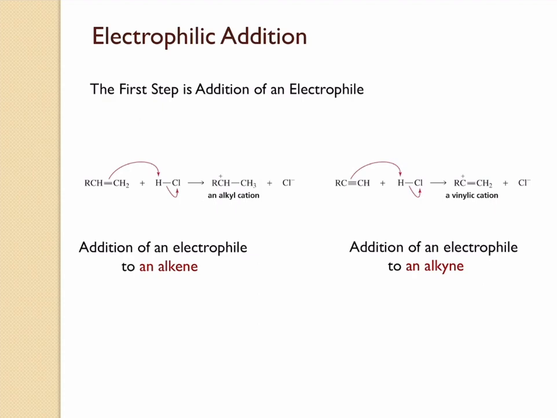But in the case of alkyne, it's going to result in the formation of a vinylic carbocation in the first step, where the electrons from the pi bond are going to make a nucleophilic attack on this hydrogen, thrusting out the Cl-.